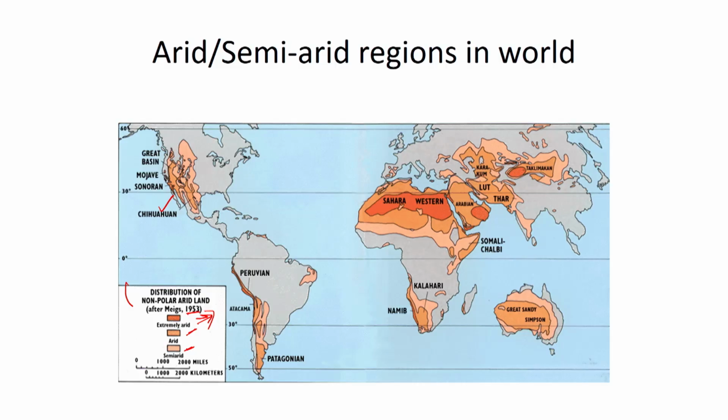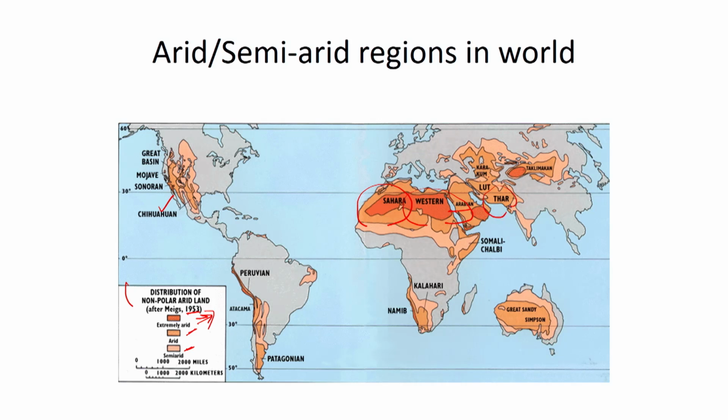As we know, Earth's surface is not uniformly distributed: you have lands, water bodies, mountains, and glaciers. Similarly these areas are affected by aridity, and these are the locations: the Sahara, then western Africa here, and the Thar desert in India.